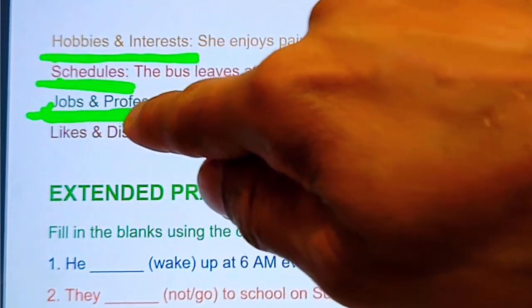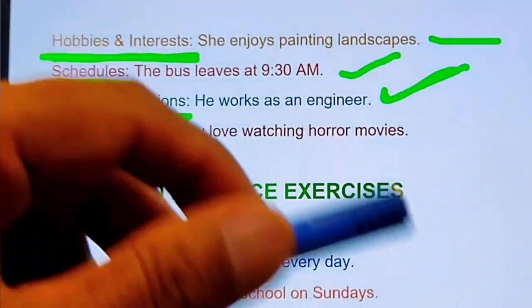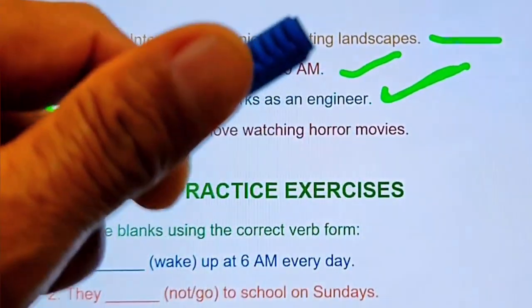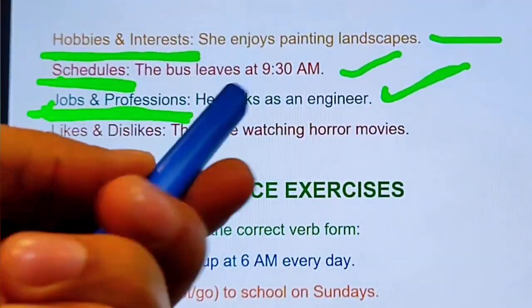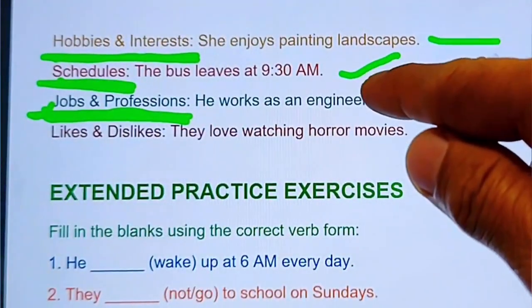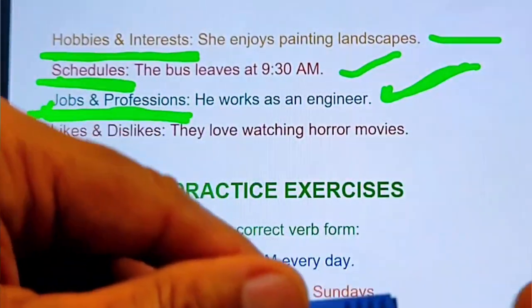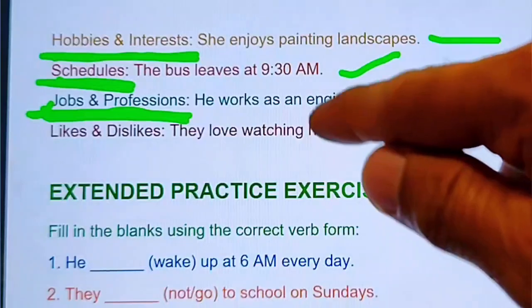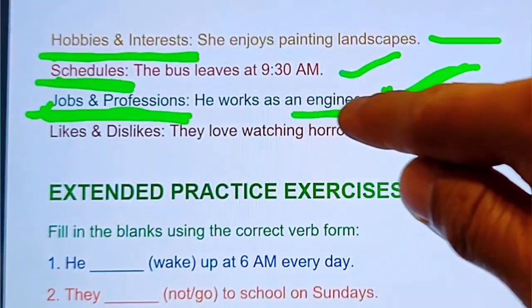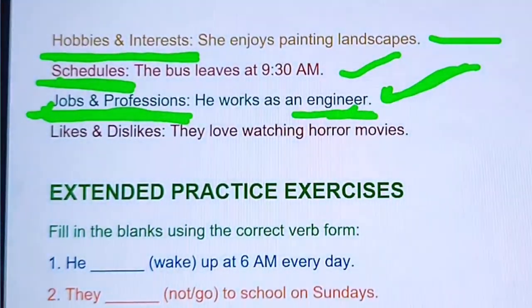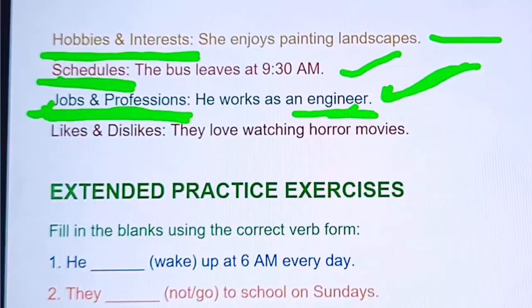When we are describing job and profession, we use simple present tense. For example, he works as an engineer. So what is he doing for work? He works as an engineer. That's his profession. So this is described with simple present tense.